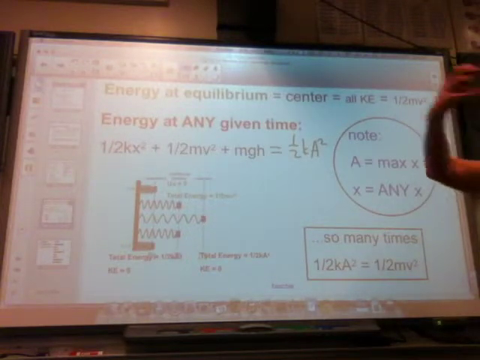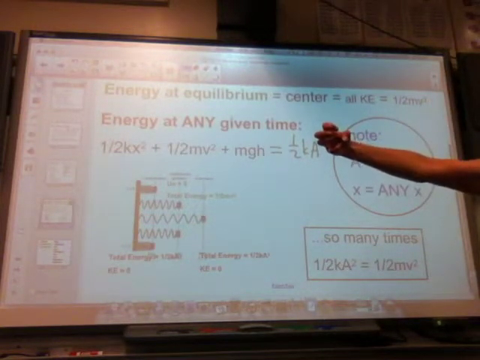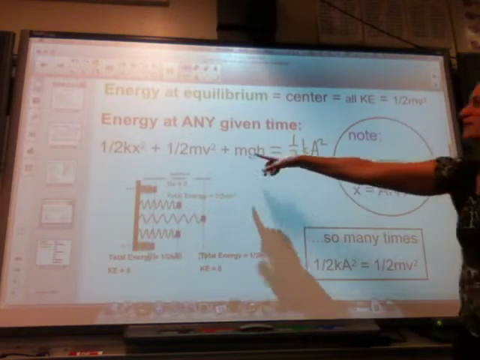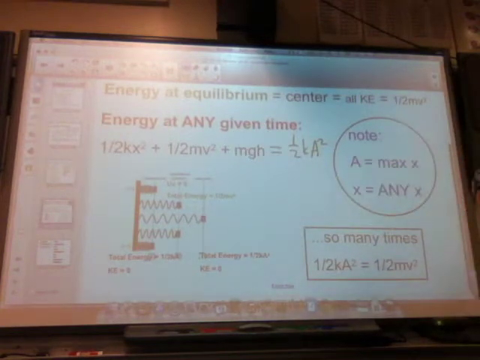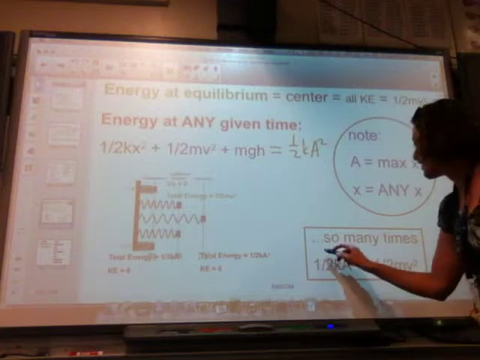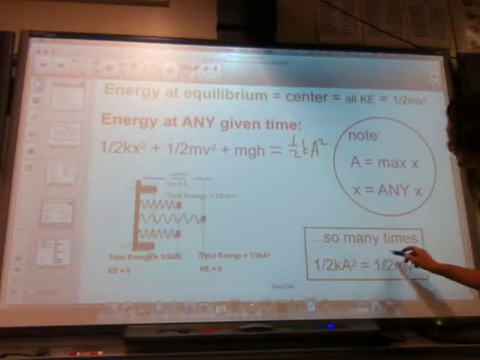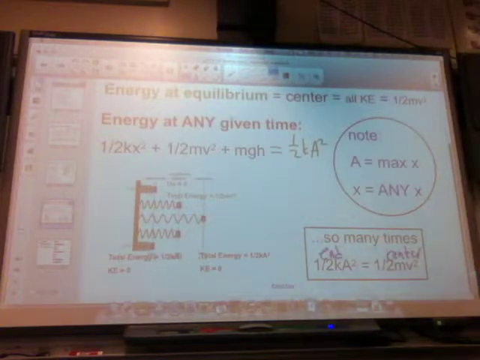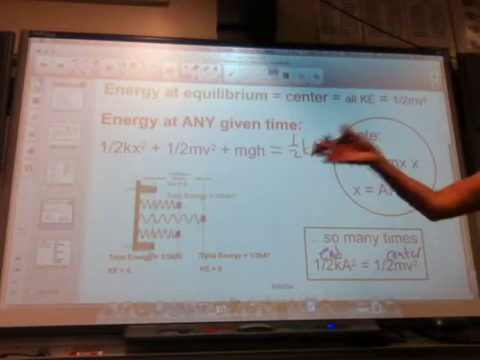It's just as a spring, so 1/2 Ka squared equals 1/2 mv squared, and then it goes back to 1/2 Ka squared. You only have to use the full equation if you're somewhere in between, not in the center and not at the ends, right? So this is at the end, and this is in the center. It goes from end to center, end to center, end to center.